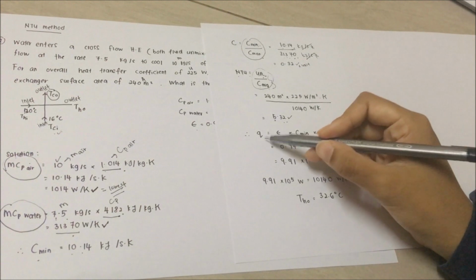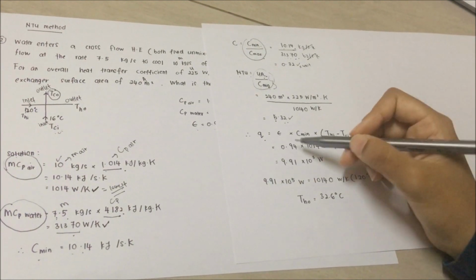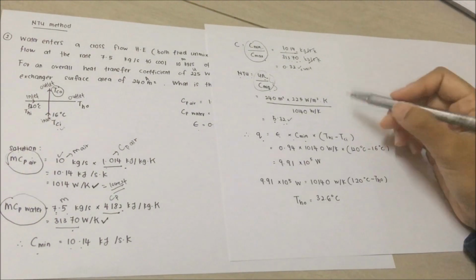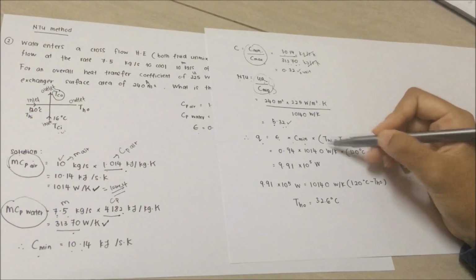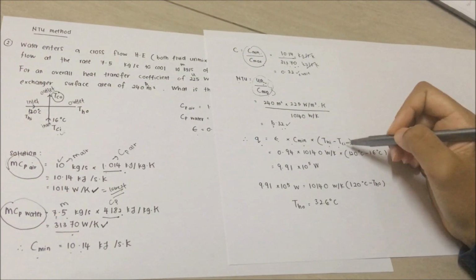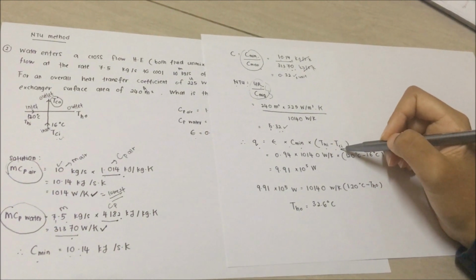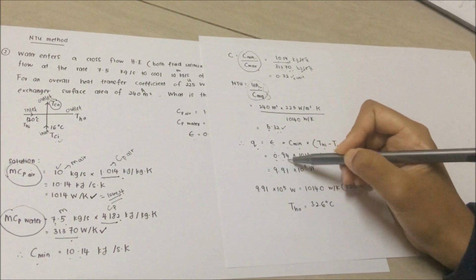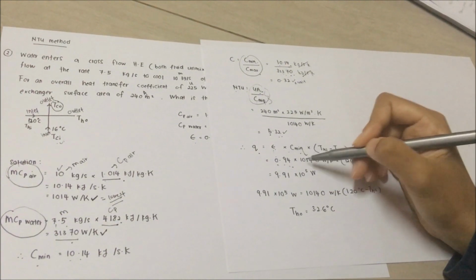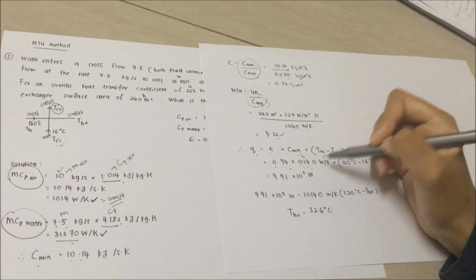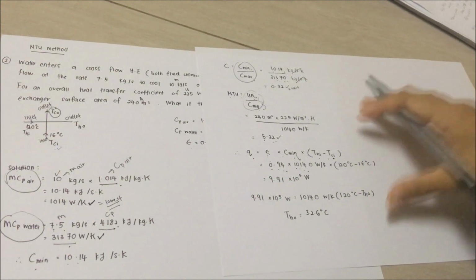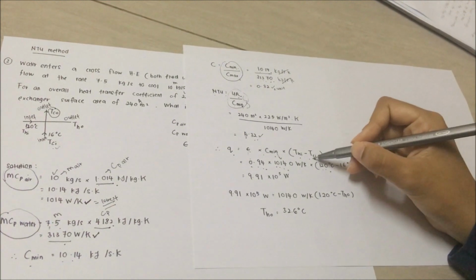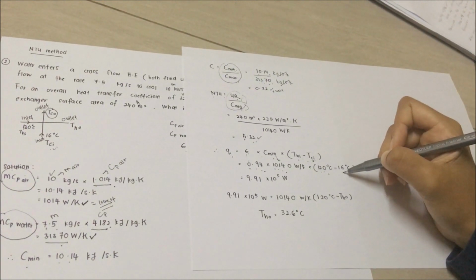Next, calculate for the heat transfer, which is effectiveness times C minimum and times the temperature difference for the hot inlet and for the cold inlet. Then we can substitute the effectiveness, which is 0.94, C minimum, which is 1014 W over K, then the THI 120, and the TCI, which is 16 degrees Celsius.